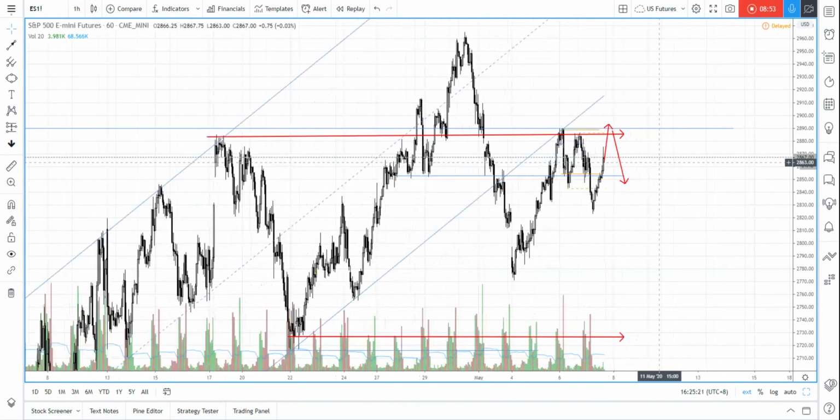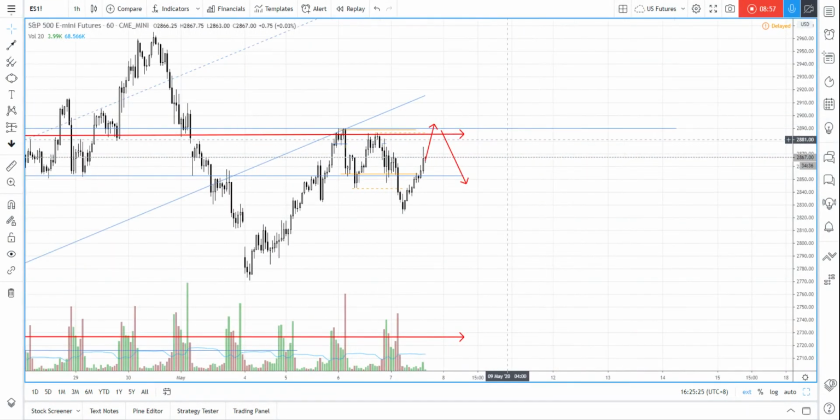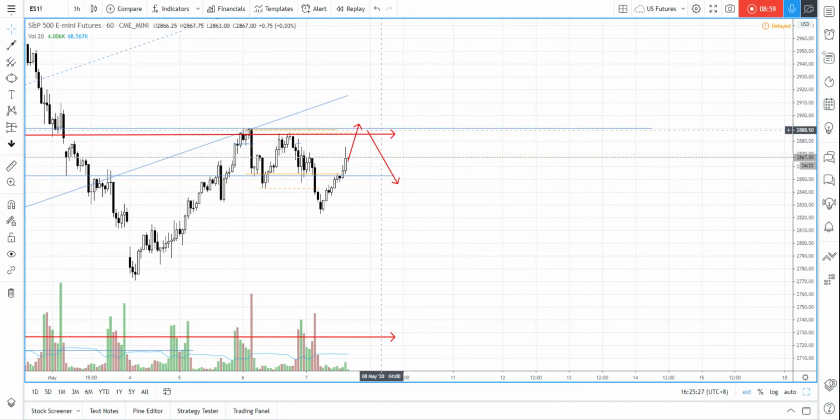The key levels that I am paying attention to, obviously, is the resistance level at 2880 to 2900, which is very close to the swing highs. And for the support level, the first support level that I pay attention to is 2840 to 2850, and that is where I am anticipating a long entry, where it can retrace a bit and bounce up from there.